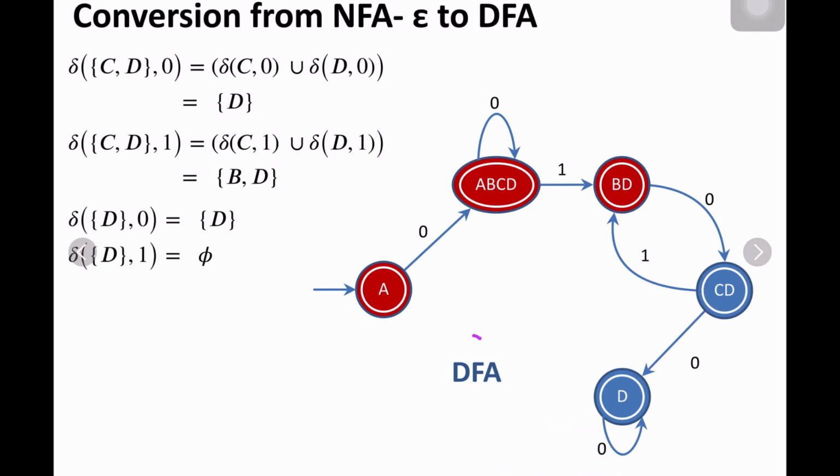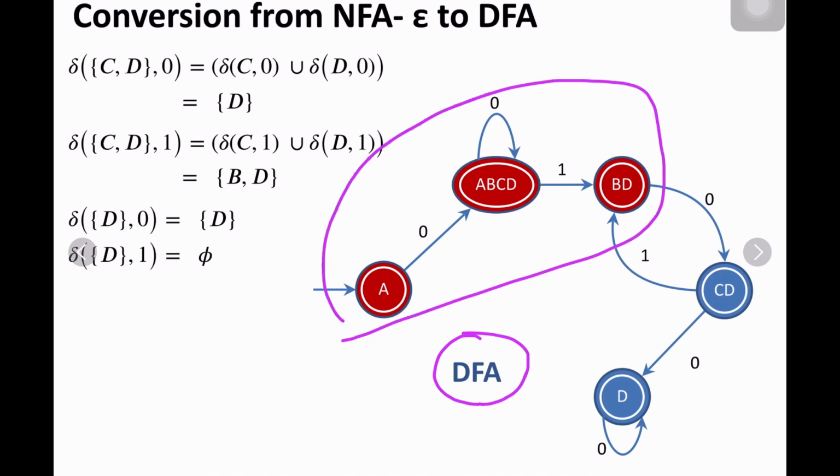This will be the final DFA. How do you make these final states? Because A is a final state of the DFA after completing the epsilon closure, A, B, D is there, then it is a final state.